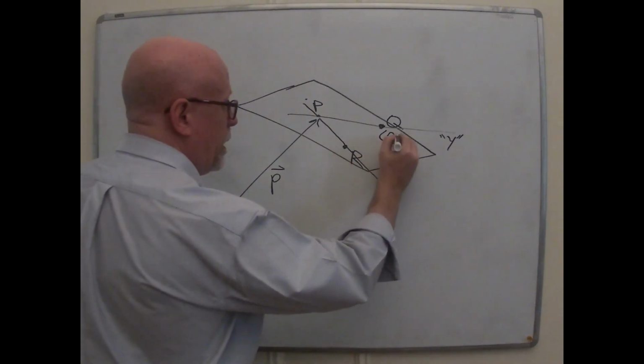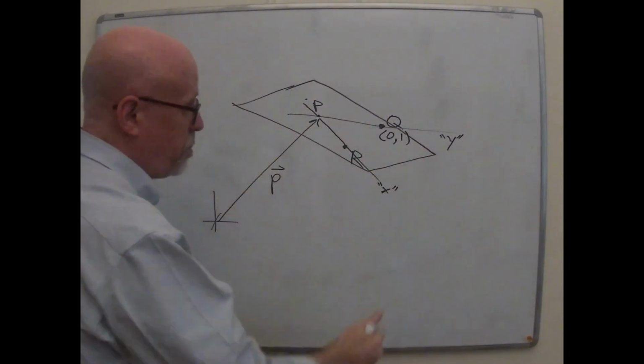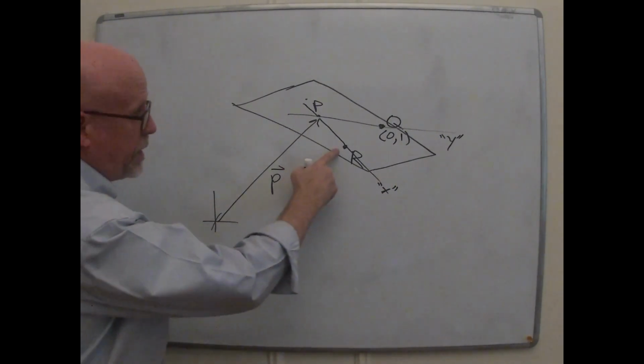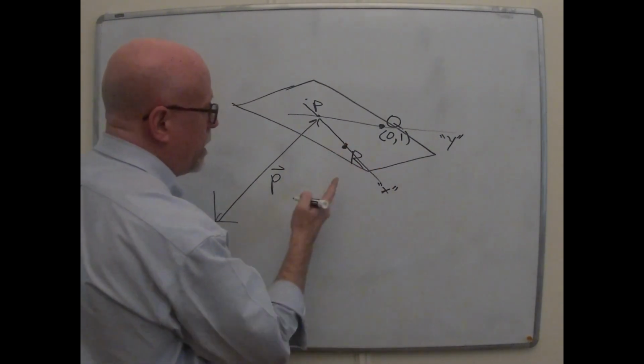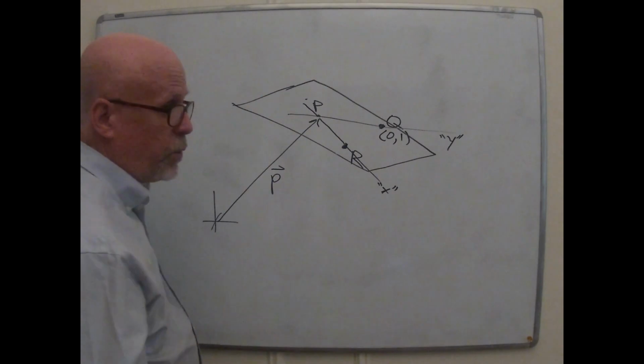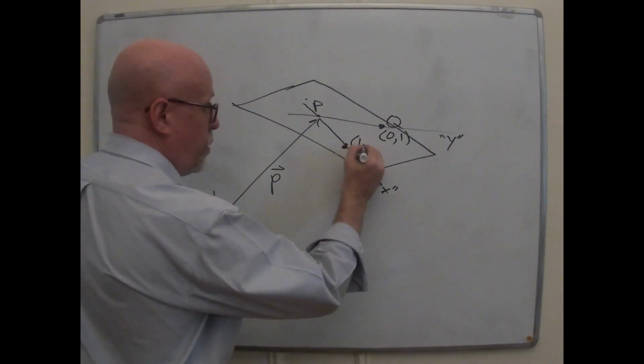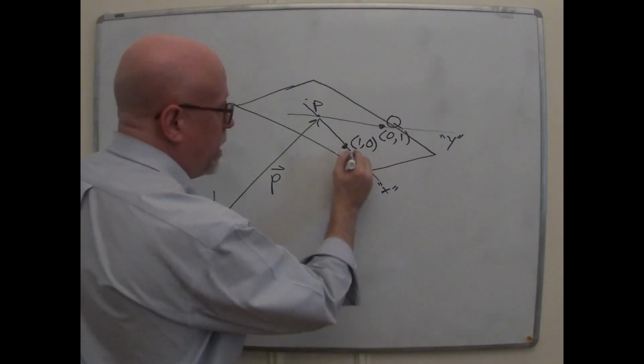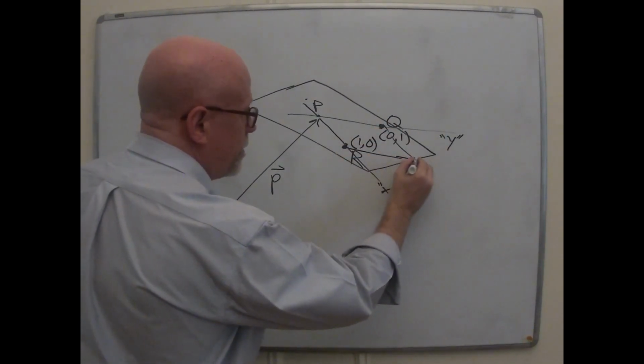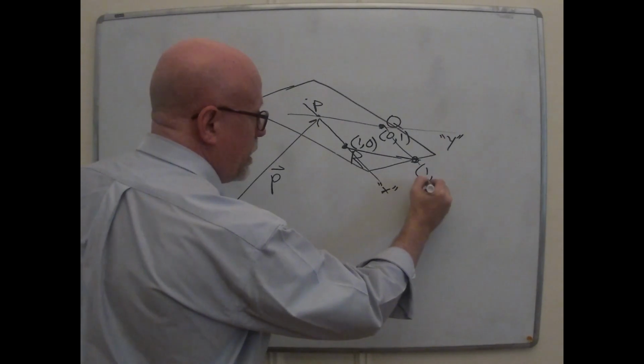That's 0, 1. Coordinates in this plane. And this guy here, R, again, its length is the thing we use for measuring lengths in the x direction. So that, by definition, is 1 unit out. And so that's 1, 0. Their sum would be there, and that would be 1, 1.